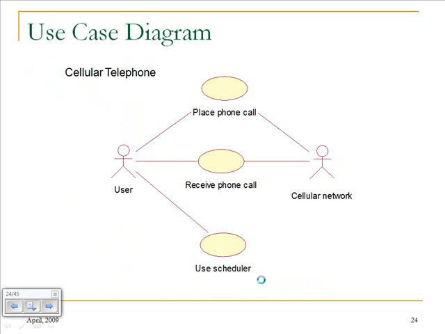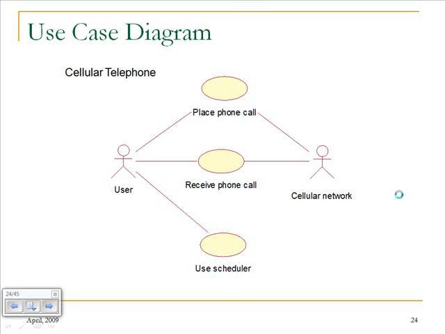Here's an example of a use case diagram where we have a user and we have a cellular network. So the user can place a phone call. Place phone call is a use case. Then the user can also receive a phone call, so that's a use case. And then we have a user can use a scheduler on their cell phone.